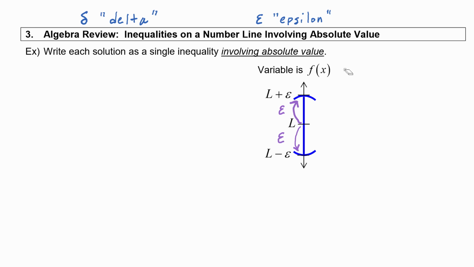So if our variable is f of x, and we want f of x to stay inside this interval, then the distance between f of x and L, which is given by the absolute value of f of x minus L, must be less than epsilon.